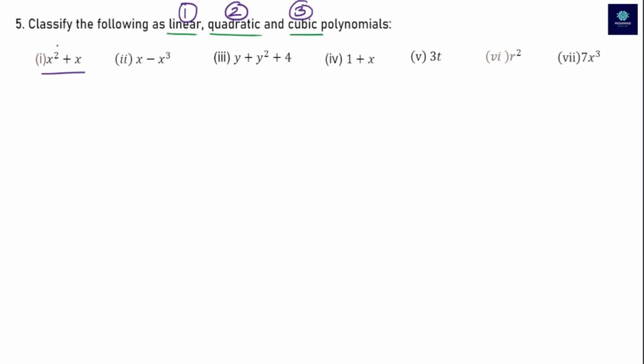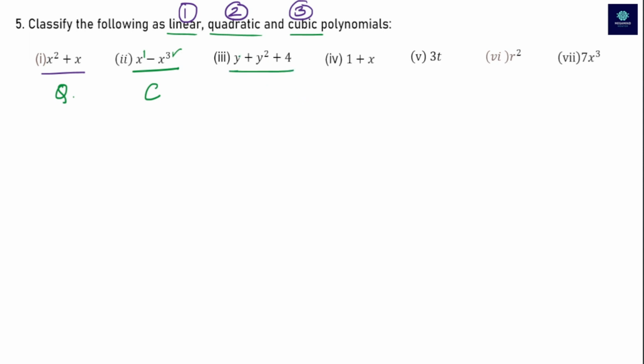Highest power of x is 2, therefore it is a quadratic polynomial. Coming to question number 2, x raised to the power 1 minus x raised to the power p. So here the highest power of x is 3. So it is a cubic polynomial.